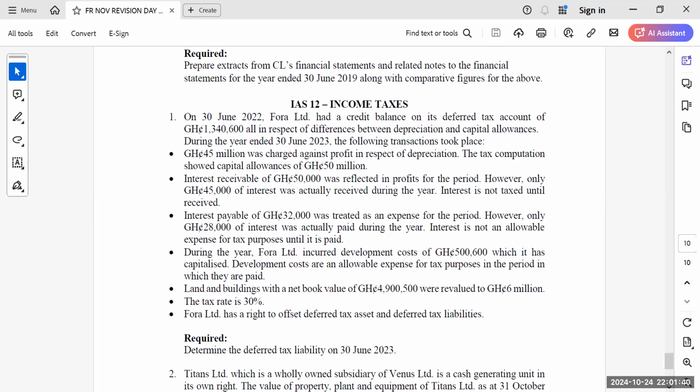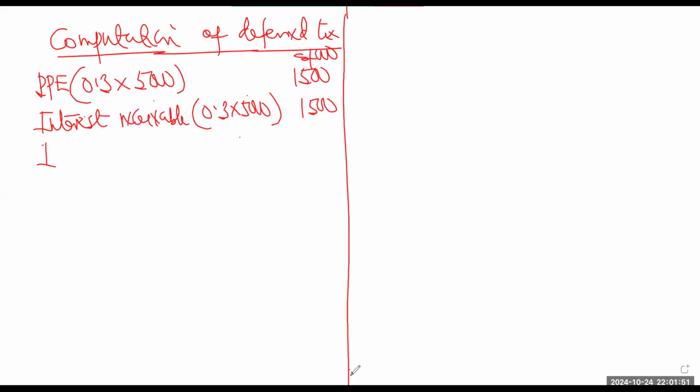Okay. So we have paid only 28,000. How much are we going to be paying in the future? The difference is 4,000. So if this amount is paid, the tax authority will give us a tax benefit of what? 0.3.